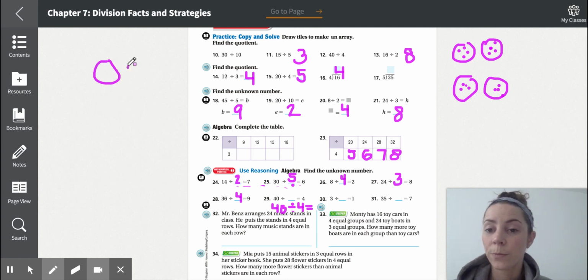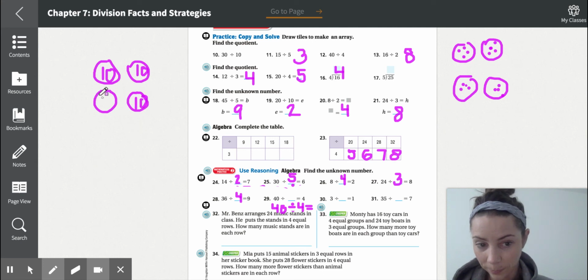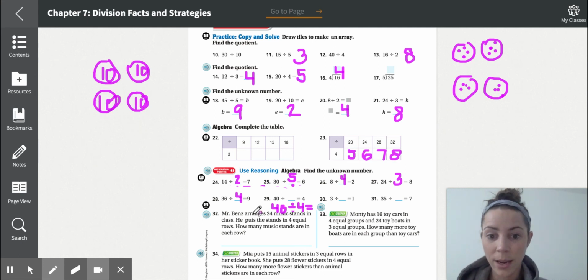Well, think of that 0, the same first number. I would put 10 in each one, right? 10, 20, 30, 40. So 4 times 10 is 40. So 40 divided by 4 is 10. 40 divided by 10 is 4.